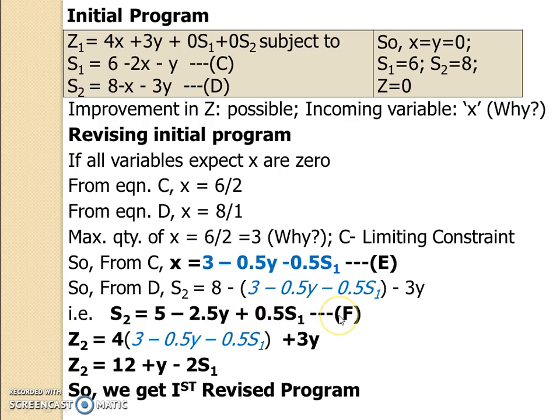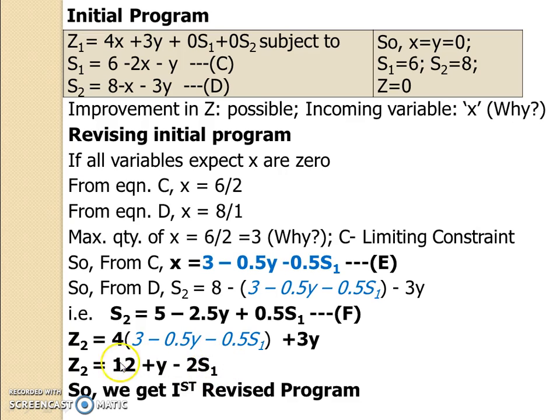Let us call it F. Now using again the expression for x from E, we can modify the objective function. I will call it Z2, and I have put in x from equation E. I eliminated the 0S1 plus 0S2 because they don't add anything to the objective function, as the objective coefficients are 0, 0. So I get Z2 is equal to 12 plus y minus 2S1.